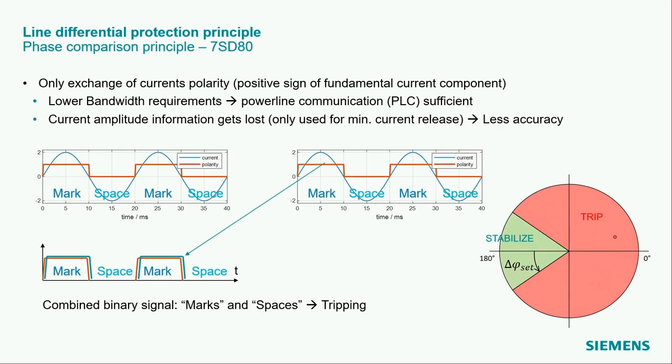In the other sector, the relay will trip the circuit breaker. Not shown in this diagram is the effect of the minimum release current, which would result in a circular area around the origin which would be stabilized.